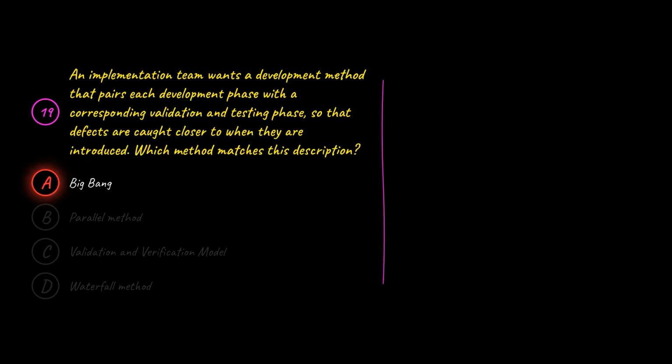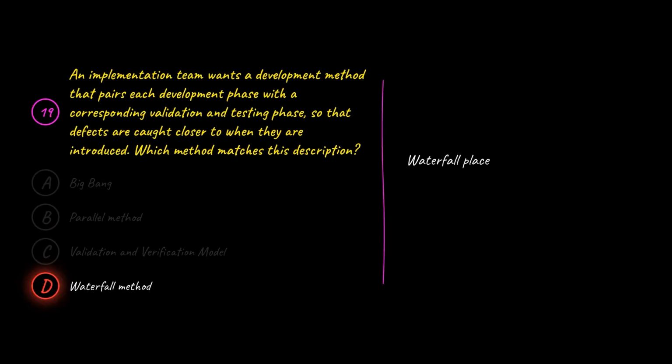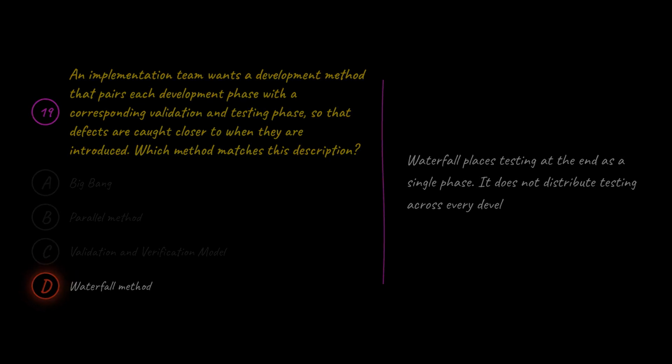A is wrong because Big Bang is a go-live style, not a paired stage model. B is wrong because the parallel method emphasizes concurrent work streams, not stage-by-stage testing pairs. D is wrong because Waterfall places testing at the end as a single phase. It does not distribute testing across every development stage.